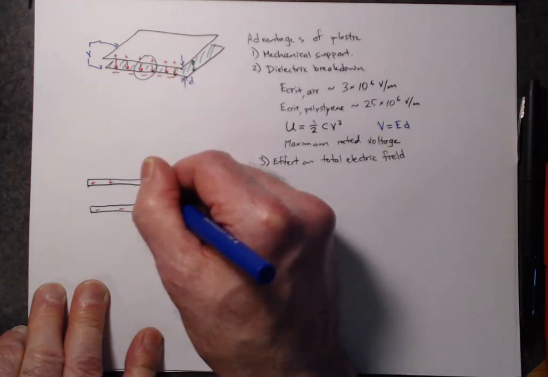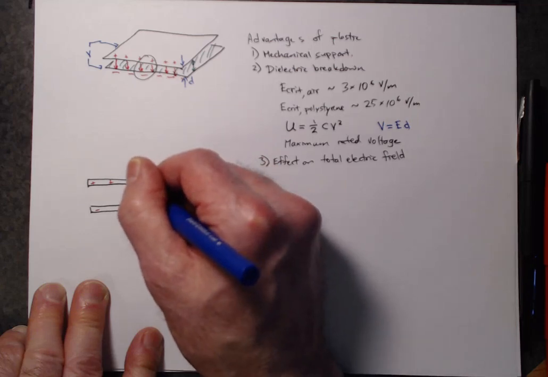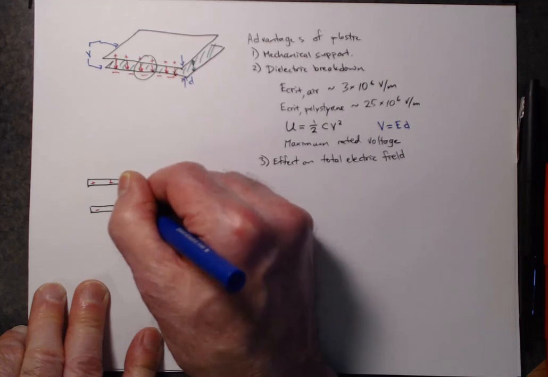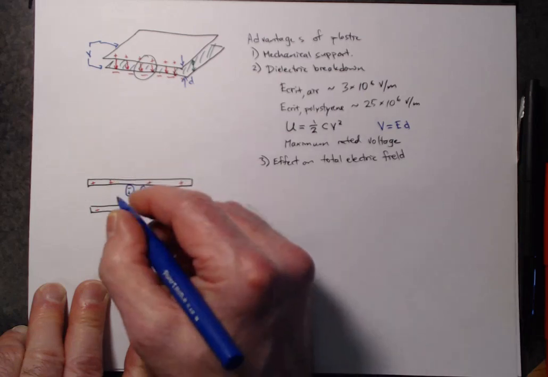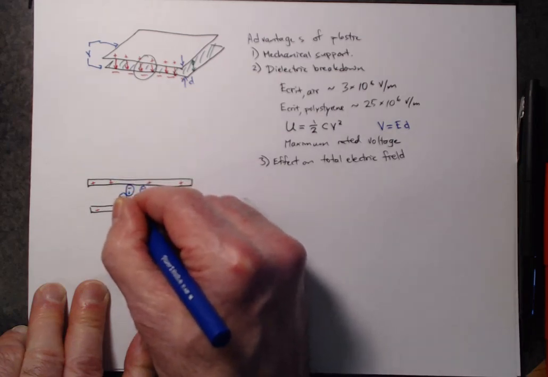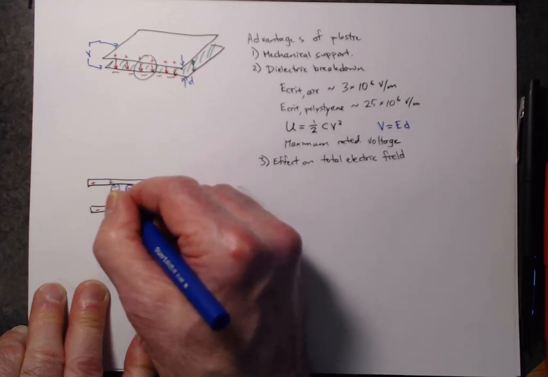And that's going to happen to molecules throughout the plastic. So I'll just draw in a few of them, like so. So again, the minus is pulled to the top, the plus is pulled to the bottom.